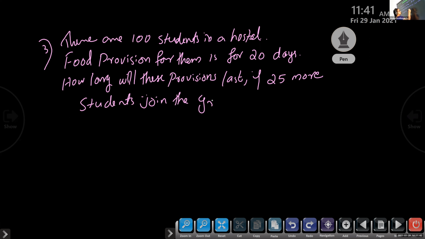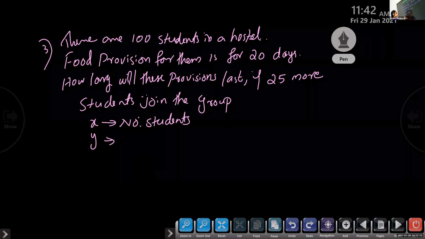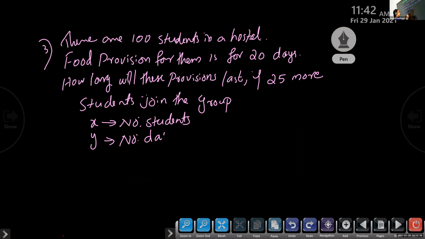Here number of students and provisions for food. As number of students increases, provision for food will decrease. Okay, so we will take X as number of students and Y as number of days.